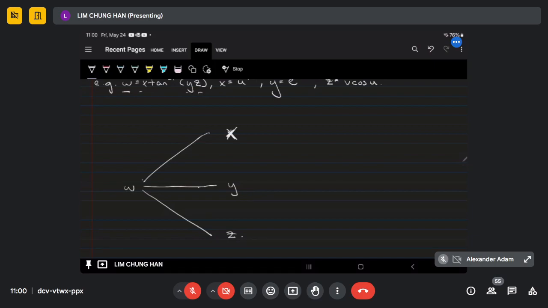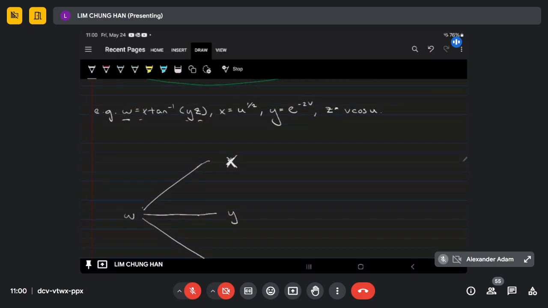Next, x. x is related to how many? 1. Simple. y is related to how many?